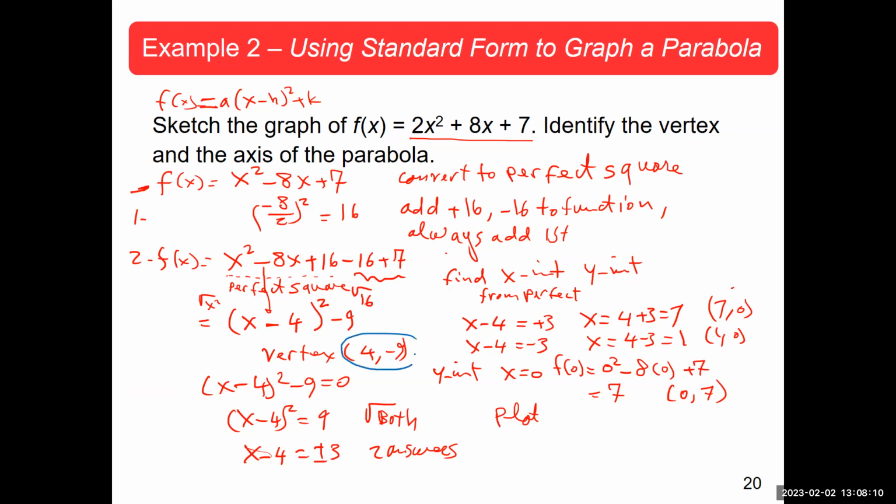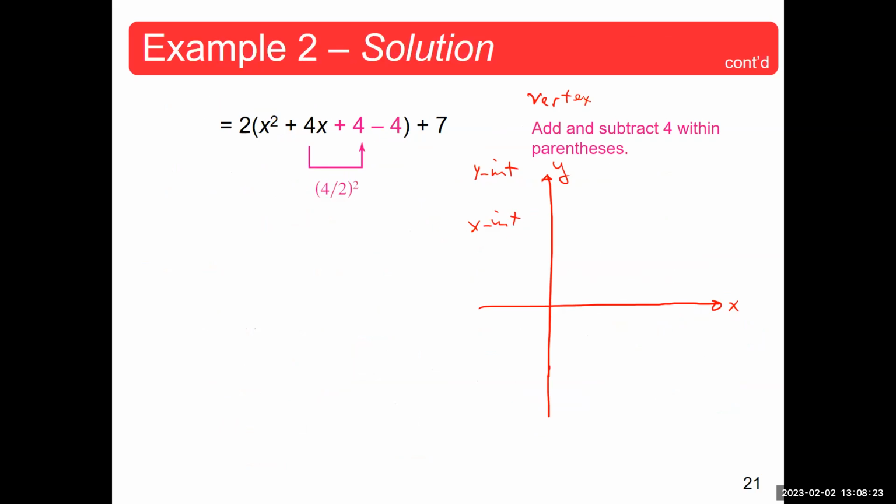Vertex, x-intercept, y-intercept. Vertex is 4 comma negative 9. Yeah, y-intercept 0 comma 7. X-intercept 1 comma 0, 7 comma 0.